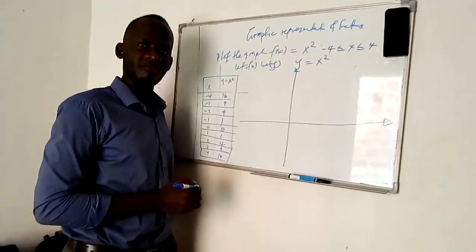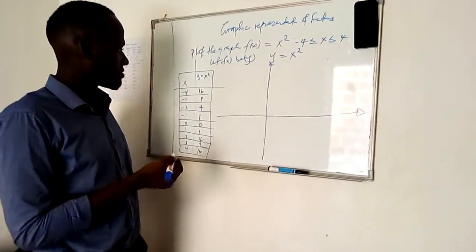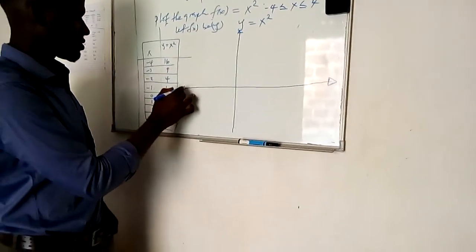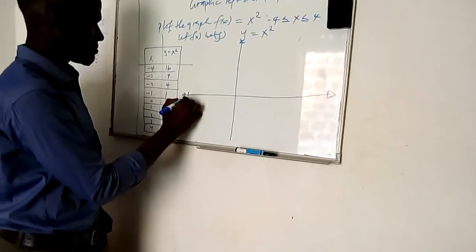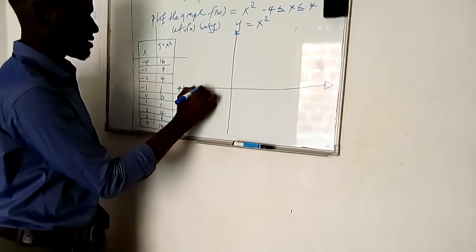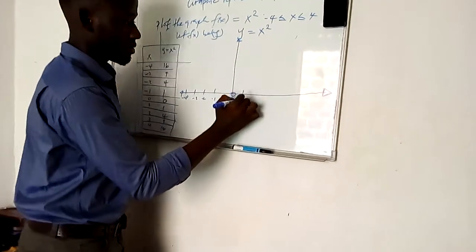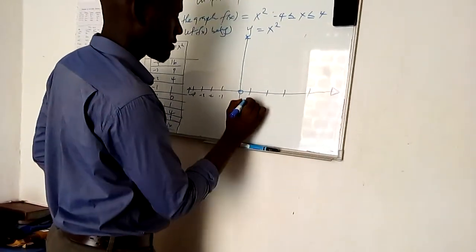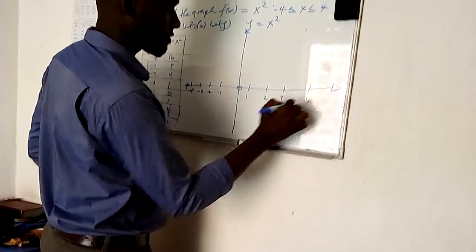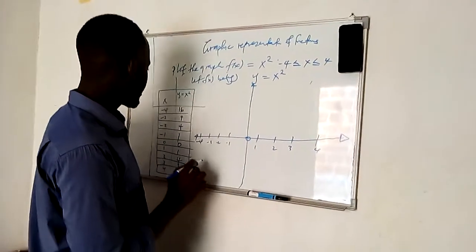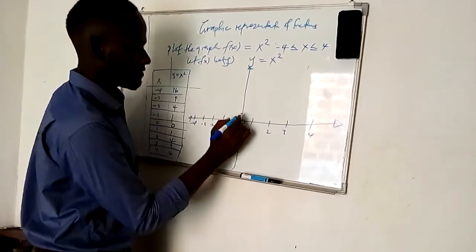You can easily find the scale now. On x, it is automatic. This will be -4, -3, -2, -1, 0, 1, 2, 3, 4. Big figures like these ones, you have to use a scale of 2.